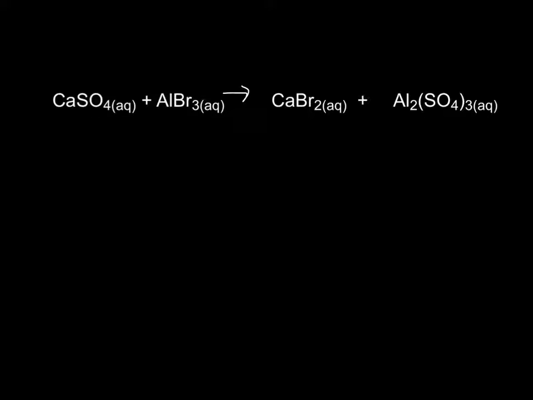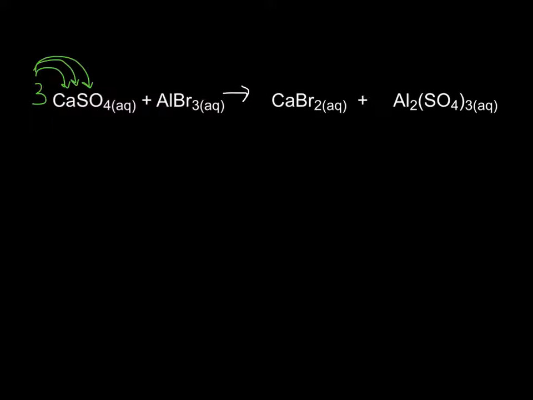So in order to rectify that, we need to place a 3 coefficient in front of the calcium sulfate. That will distribute in and not only give us 3 sulfate ions, but it will also give us 3 calcium ions. Now again, if you are not very adept at looking at the polyatomic ions, then we can look at it from an element standpoint.